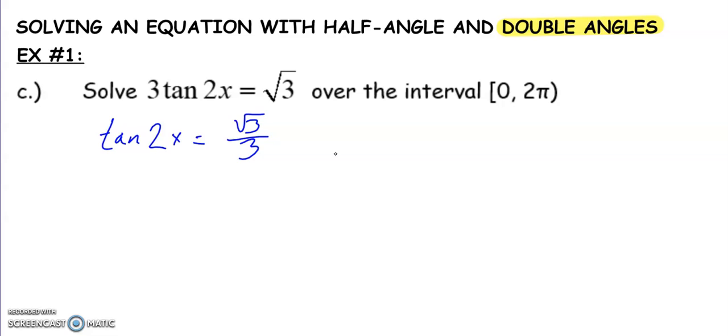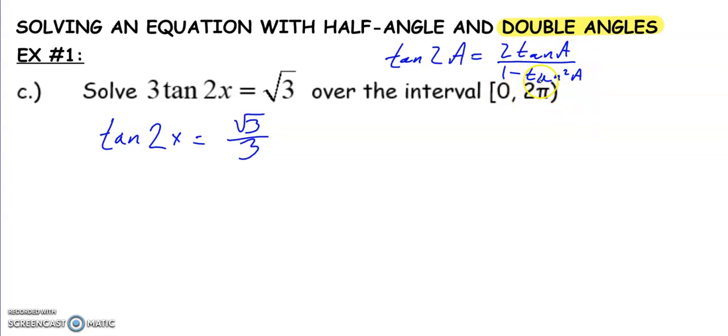Now, I am going to do this in a way that I know isn't going to work first, alrighty? I'm going to do that to try to show you that sometimes what we think doesn't always work. So what I'm thinking to myself is, I am going to use the double angle identity because it's a double angle. So tangent of 2a equals 2 tangent a over 1 minus tangent squared of a.